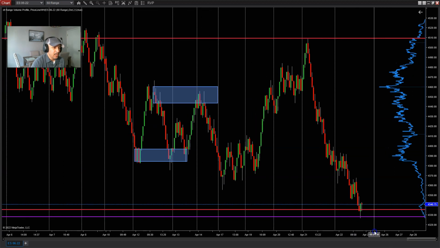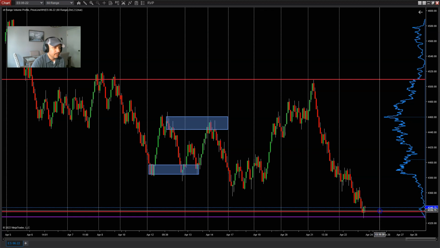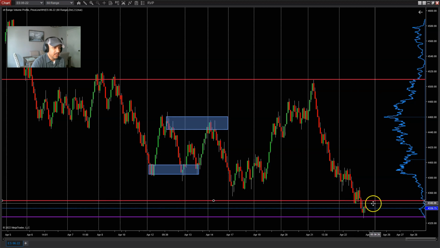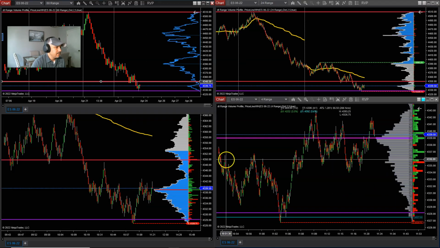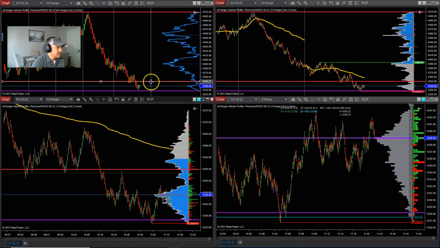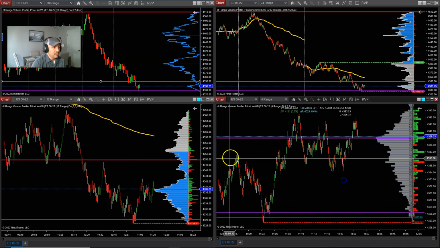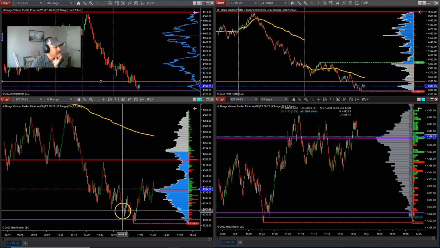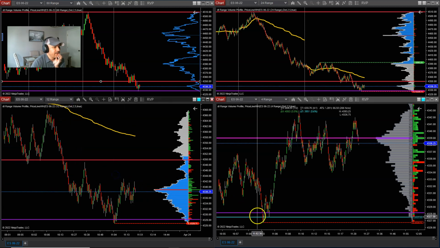So price could actually pull back into this area right here. I'm not saying it's going to happen right now, but it possibly could. So let's say 44.50 area, 43.50 area. We're trading sideways right now at the POC, so I'm not trying to do anything right now.